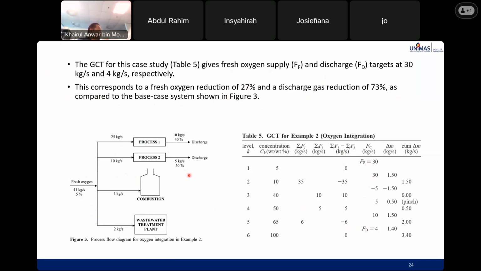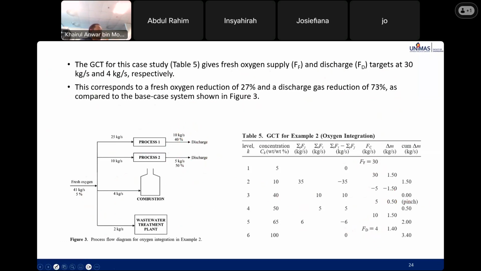While the discharge here is actually 15. So in this table, the discharge is targeted at 4 kilograms per second only, meaning some of these effluent outputs in process 1 and process 2 will be recycled and reused for combustion and wastewater treatment plant.